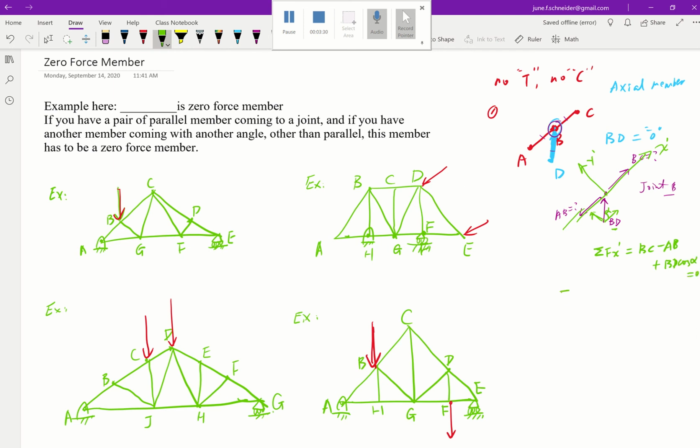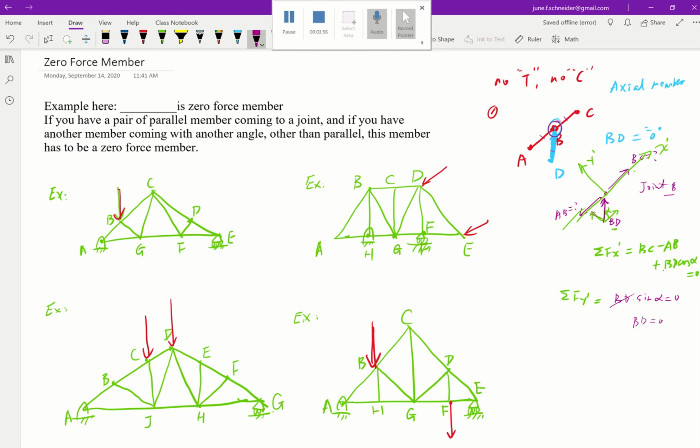Now let's look at the summation of forces in Y. BC and AB lie perfectly along X prime, so BD is the only force that has a Y prime component, and that gives BD times sine alpha equal to 0. Since there are no other forces in Y prime, BD has to be equal to 0.